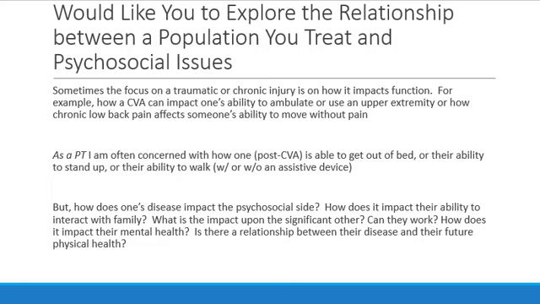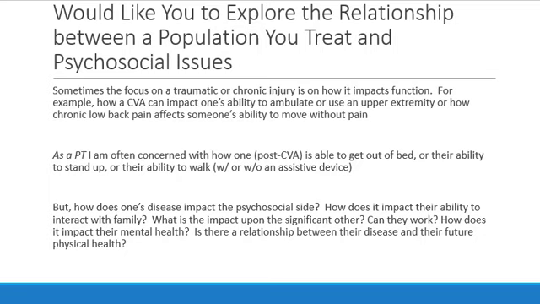So I would like you to explore the relationship between a population you treat and the psychosocial issues that that population frequently experiences. So a lot of times when we review research literature that's specific to our discipline, the focus upon that traumatic injury or that chronic injury is on how that injury impacts function.